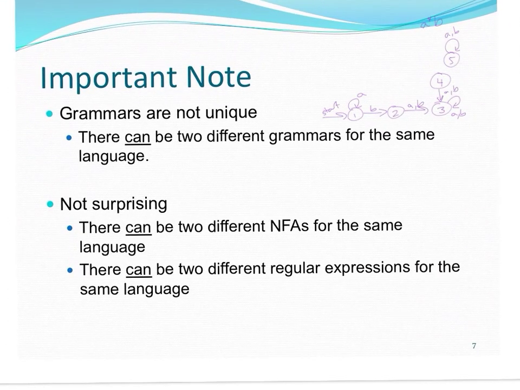So we can have two different NFAs for the same language. We can have two different DFAs for the same language. There can be multiple regular expressions for the same language, right? So another regular expression for A star B is B plus A star B, right?